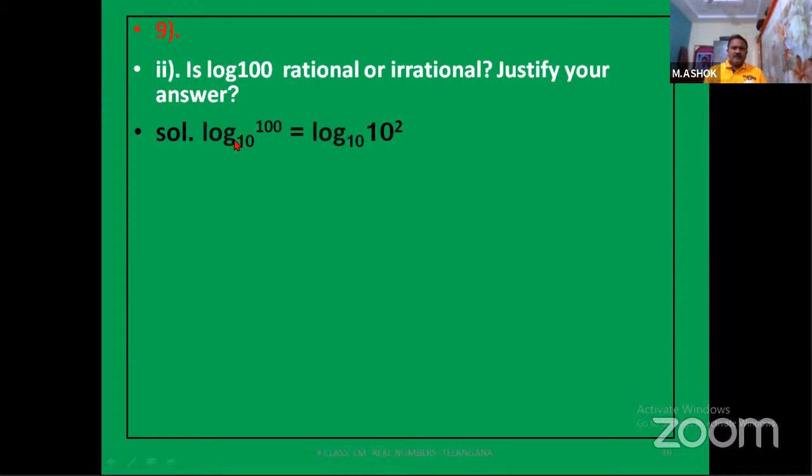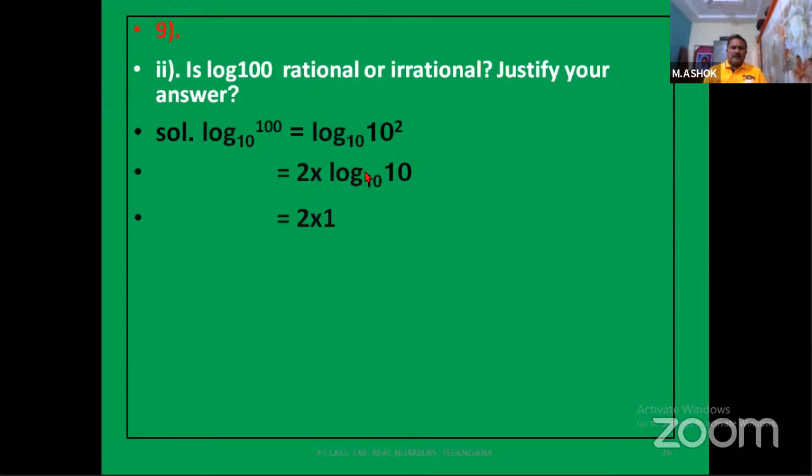So the base is 10. So log 100 base 10. We can find the value of this. I am writing 100 as 10 squared. So it is 2 into log 10 base 10. Its value is 1.